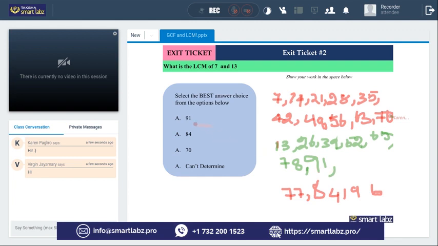Did I miss anything? 84, 70. Is it can't determine? No, it is not can't determine. 91. If you want, let me keep walking you through, or go ahead and keep looking at your work.